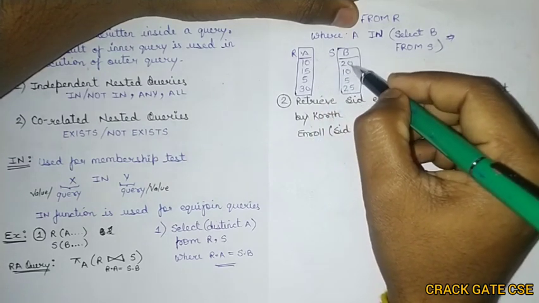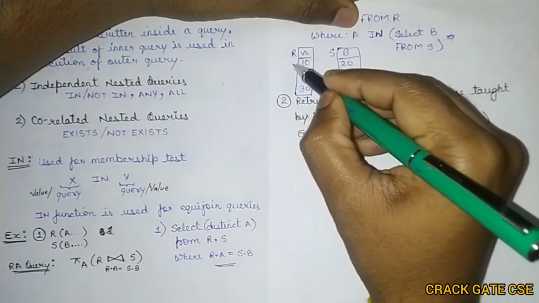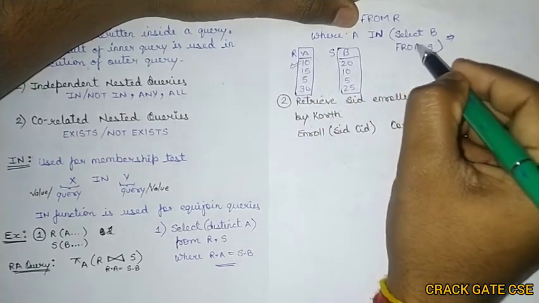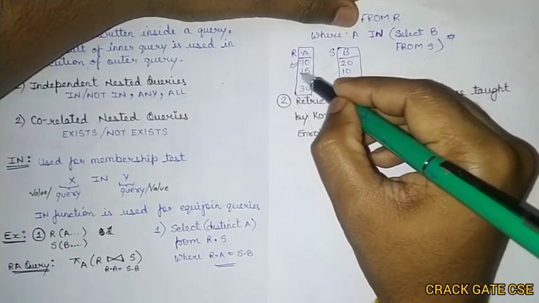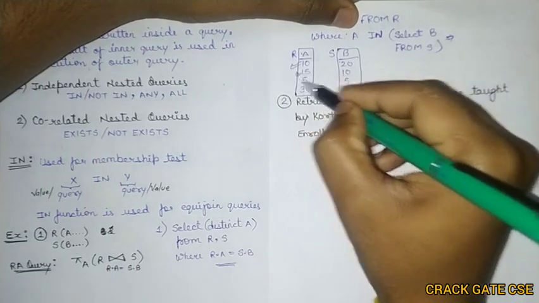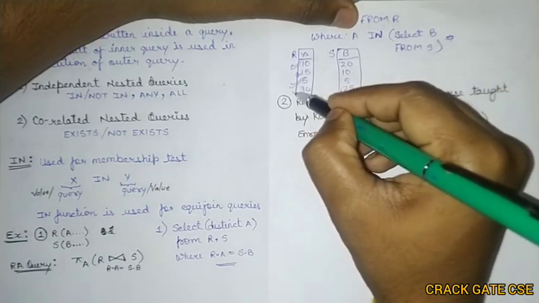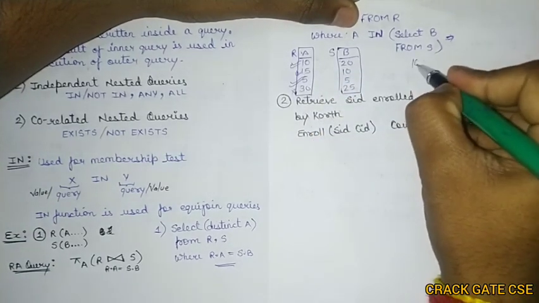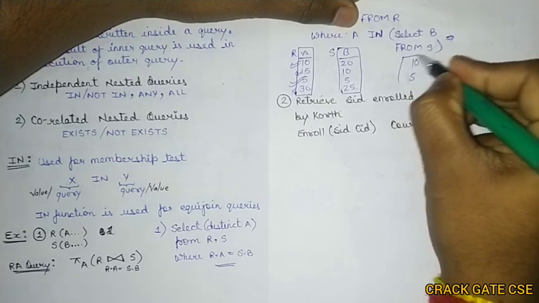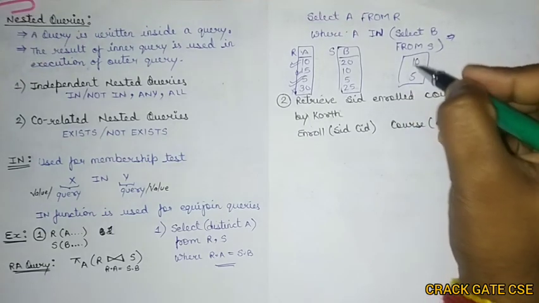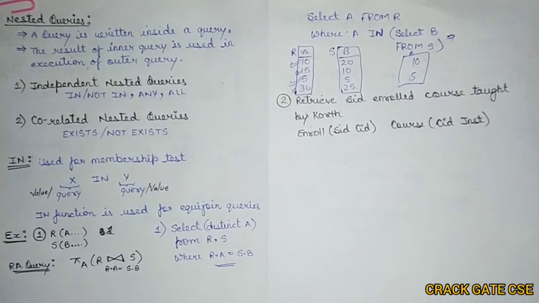Is 10 in 20? No. Is 10 in 10? Yes. So 10 is in this output. 15 is not there. 5 is there, so 5 can be in the answer. 30 cannot be in the answer. So 10 and 5 can be the output of this particular query, right? This is how we can perform the operation with the IN query.